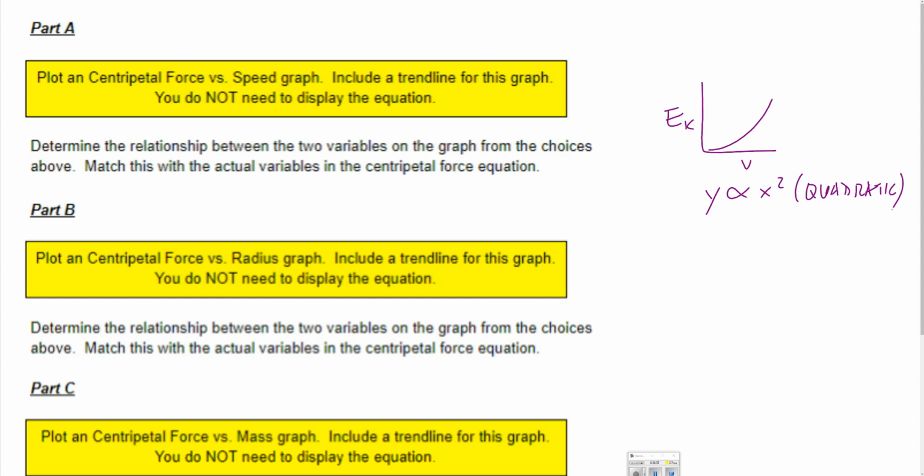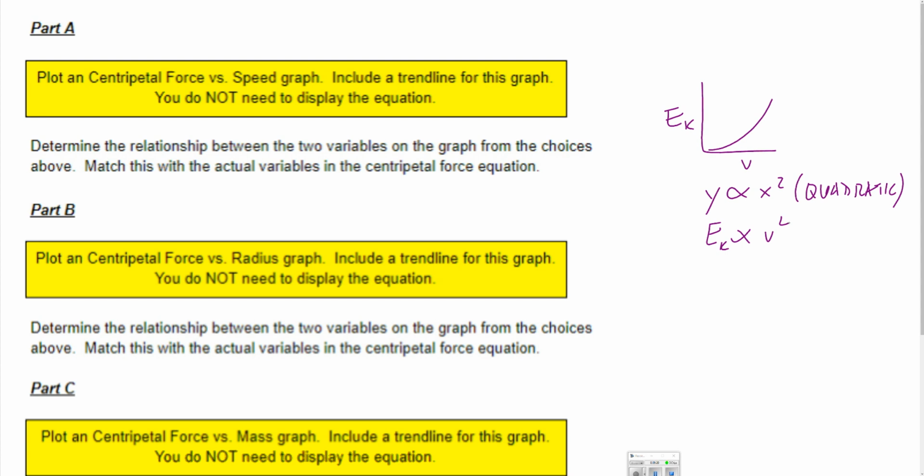And then we would match it with the actual variables in the centripetal force equation. So I would say F is related, sorry, we're not doing force, right? We're doing kinetic energy. We would say EK is related to V squared. Is EK related to V squared? EK is equal to 1/2 m V squared.